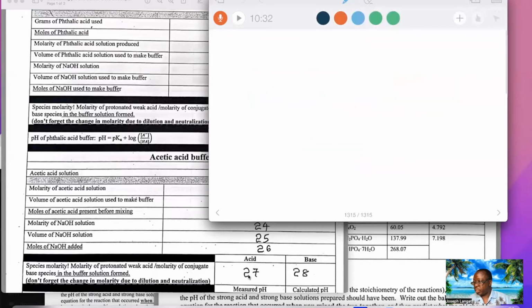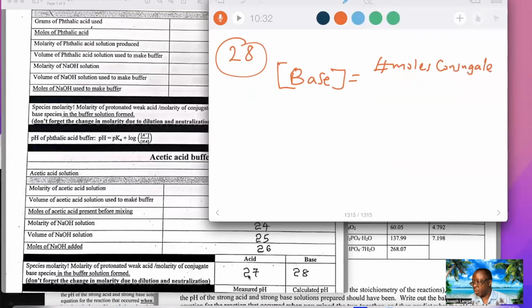For line 28, the concentration of the base is given by the number of moles of conjugate base over the total volume. The total volume at this point is 0.06 liters.